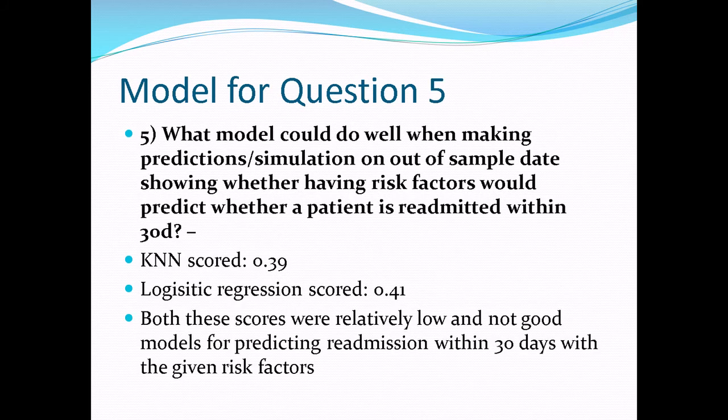In the fifth model, we try to find the answer whether having a risk factor would predict whether a patient could be readmitted within 30 days. KNN scored 0.39 versus logistic regression scored 0.41. In this scenario, both scores were relatively low and not good models for predicting readmission within 30 days with the given risk factors.